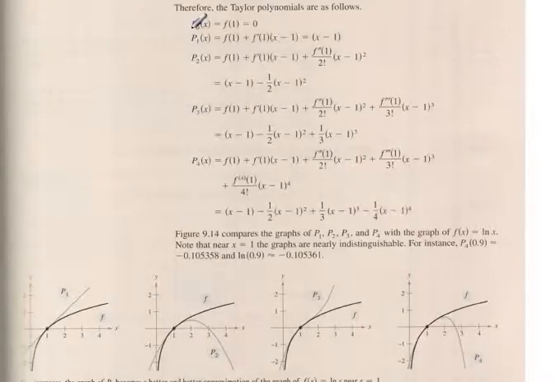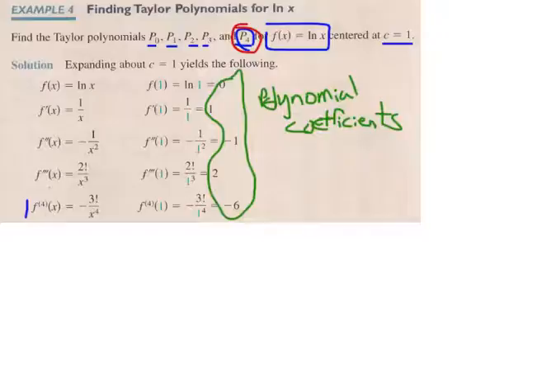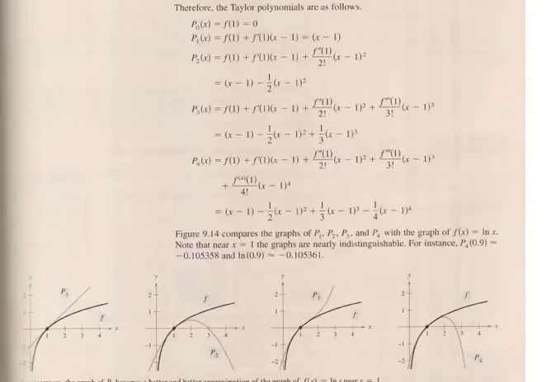So the first one is just going to be just that. That coefficient was 0, right? It's going to be kind of hard to see between videos here. Then the second one, we're going to have a 1 coefficient, right? So we'll have 0 plus, and then the 1 coefficient was 1, so that's where this came from.